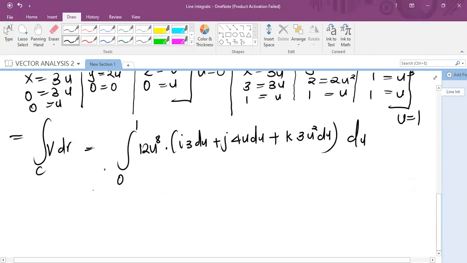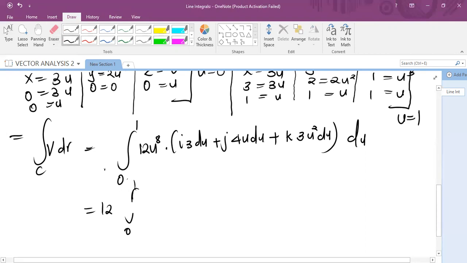So let's simplify this, then integrate. I can take the 12 outside. Then I have the integral from 0 to 1 of 3u i du. Let me write the i in front so that you can see clearly what exactly we're integrating.